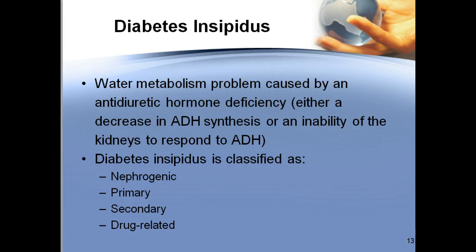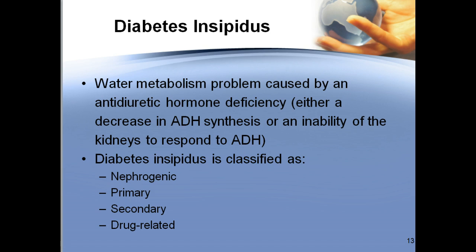And then you have secondary diabetes insipidus, which can result from tumors, and these tumors can be near the hypothalamus, or they can be on the actual pituitary gland. An example would also be head trauma, some type of infectious process, and surgical procedures.